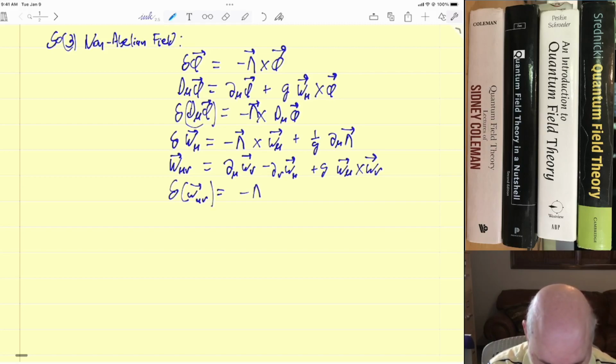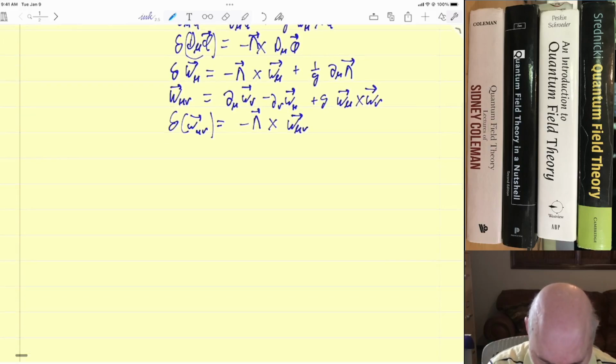But the field itself transforms exactly like we want it. And I also had one last equation: when we take a covariant derivative of the field, we don't lose covariance. It's still a nicely covariant object.